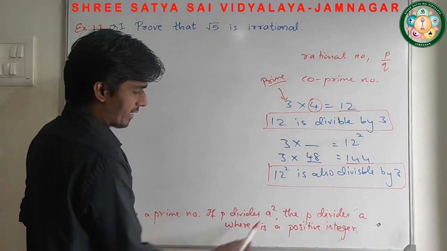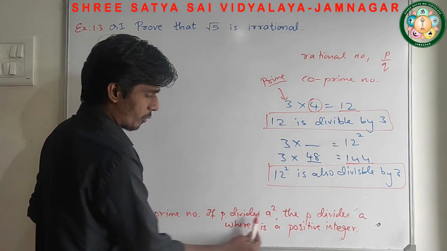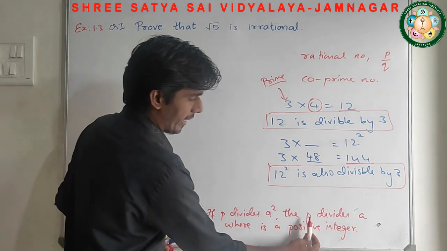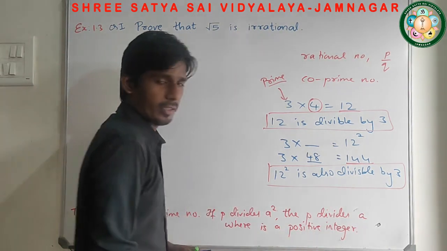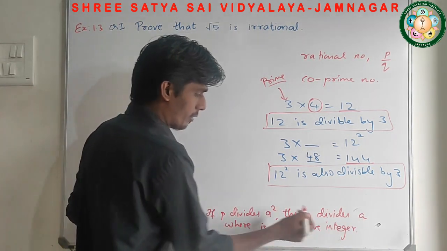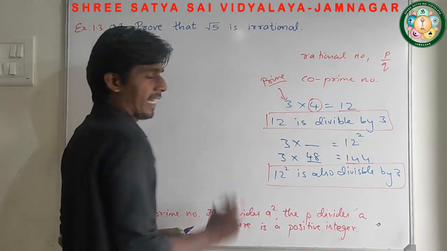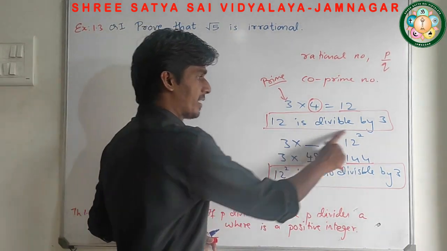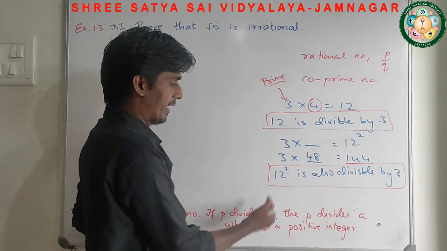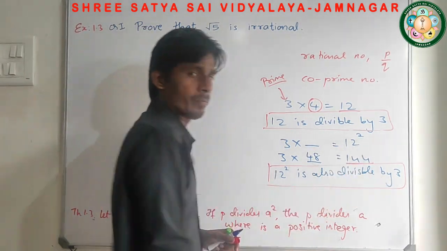If p divides a square, means if a square is divisible by p, then p divides a. Means a is also divisible by p. If you don't understand this one, for that only I gave this example.